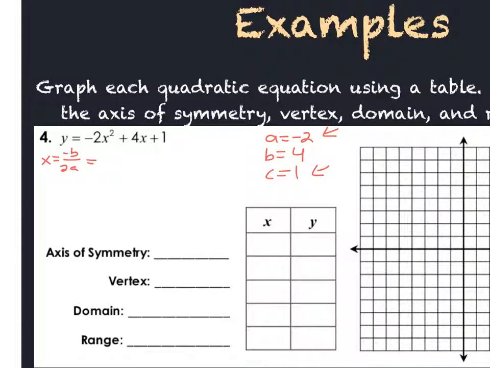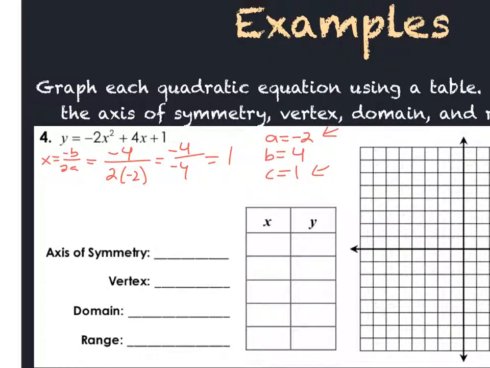So if we're using our axis of symmetry formula, it's going to be x equals negative b, so it's going to be negative, and then b is 4, divided by 2 times the number that's in the a position, which is negative 2. So it's going to be negative 4 over negative 4, which is positive 1.